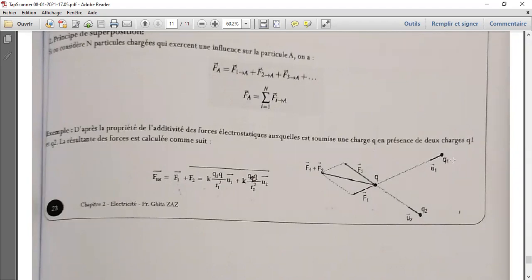When Q1 exerts a force on Q, there will be repulsion, which will cause what? F1, the force going outside. Then when Q2 exerts a force on Q, which is positive, there will be a repulsion, which will cause a force, F2. Then to calculate the total force, I have to calculate force 1 plus force 2.